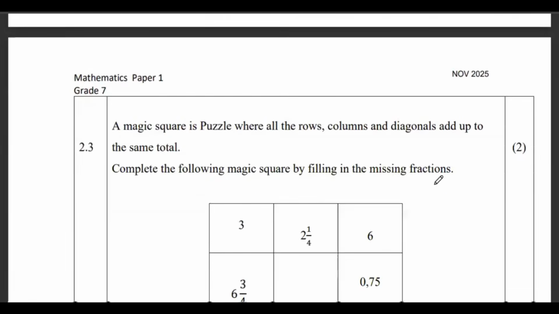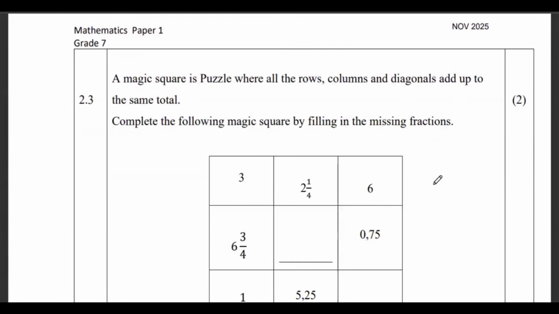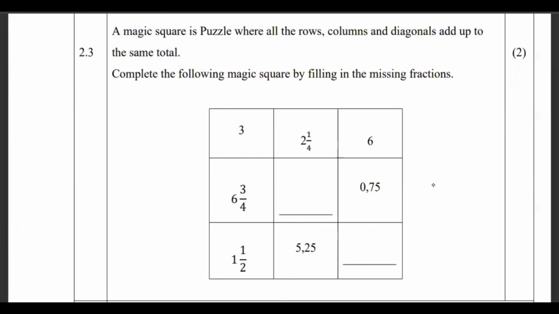Okay, 2.3. A magic square is a puzzle where all the rows, columns, and diagonals add up to the same total. They want us to complete the following magic square by filling in the missing fractions. So what we know is just the top part is complete, and this side is also complete.